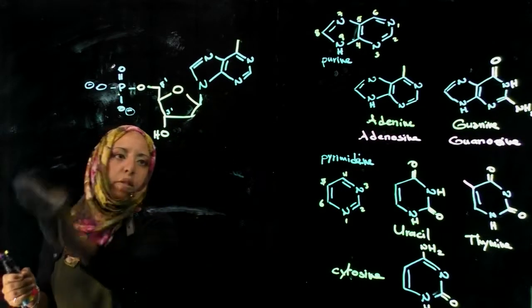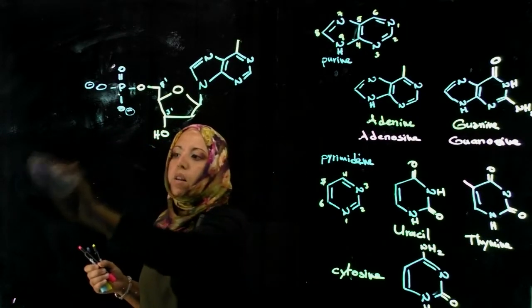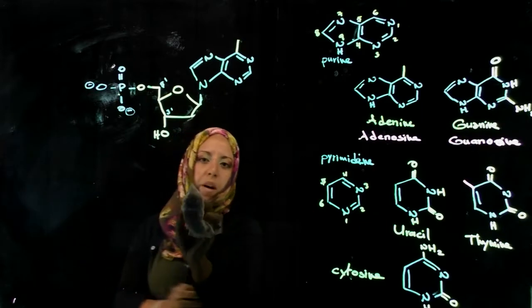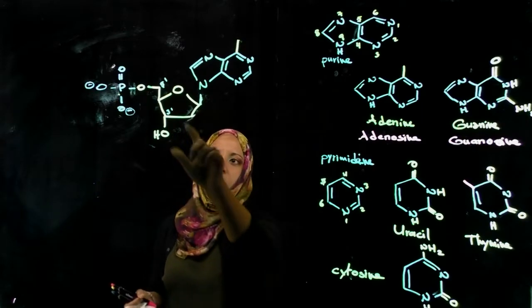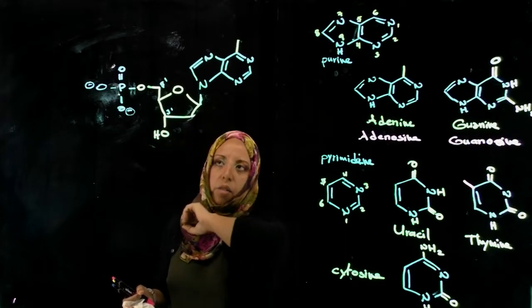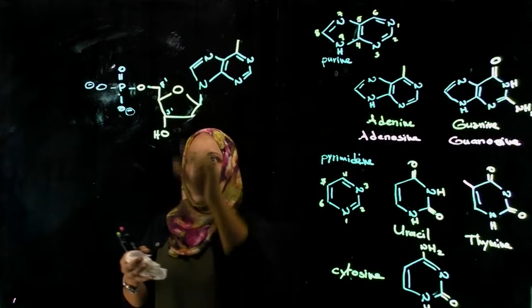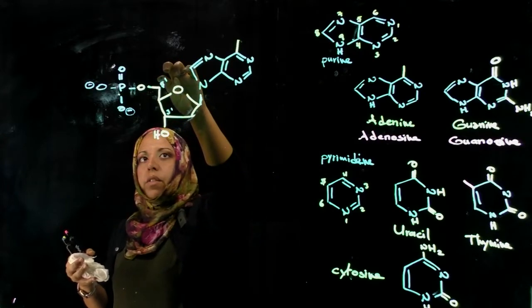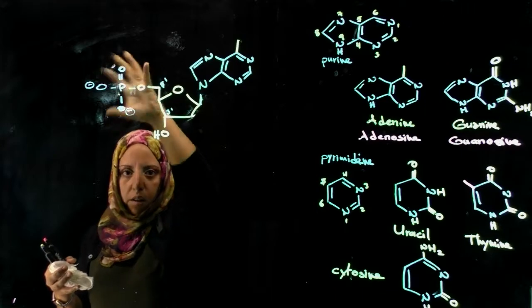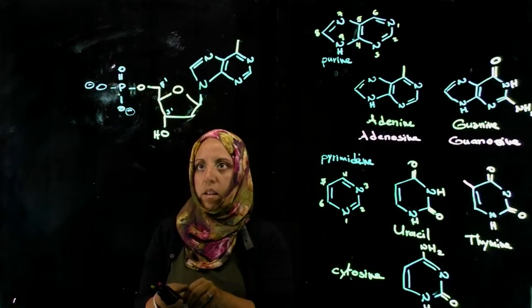So different nucleotides are linked to one another by what we call a phosphodiester bond, and they're specifically linked through the 3' alcohol group of the nucleotide, right? And the 5' oxygen or phosphate group of the next nucleotide.